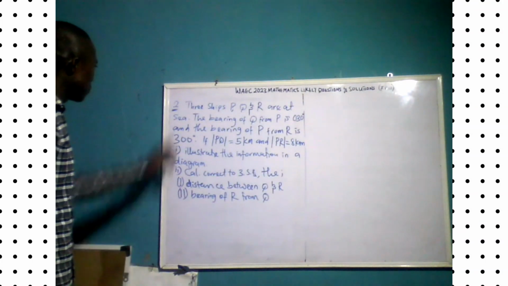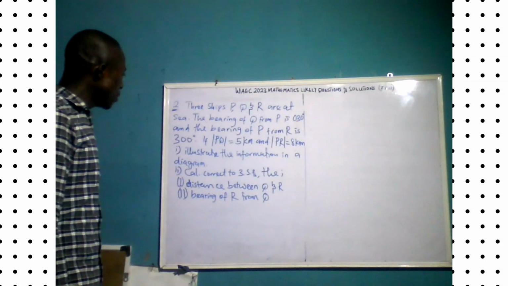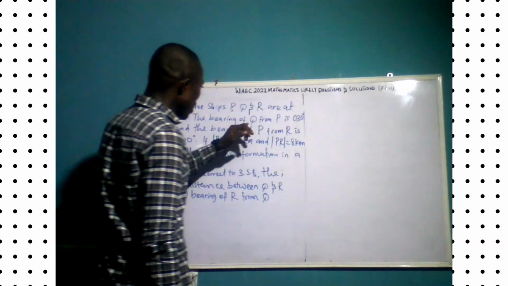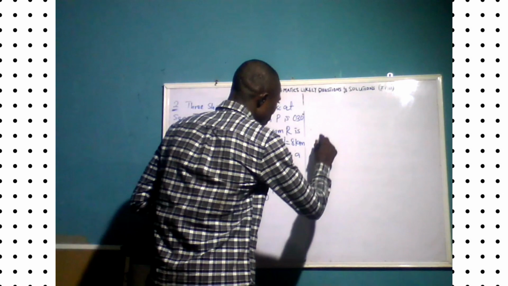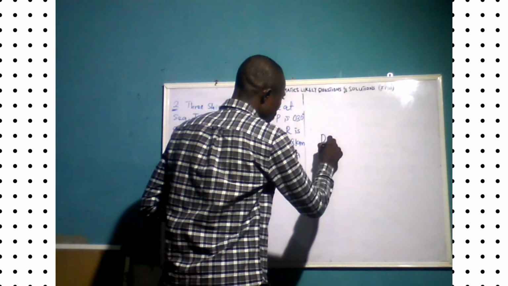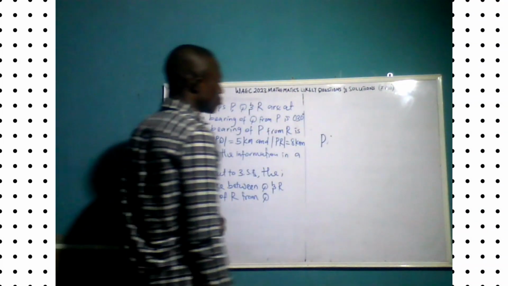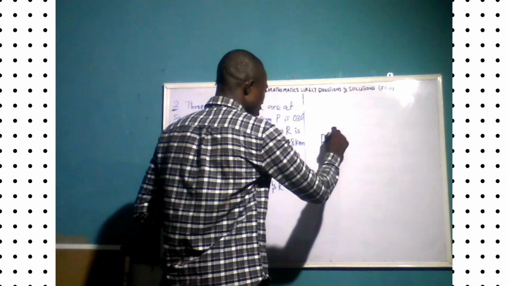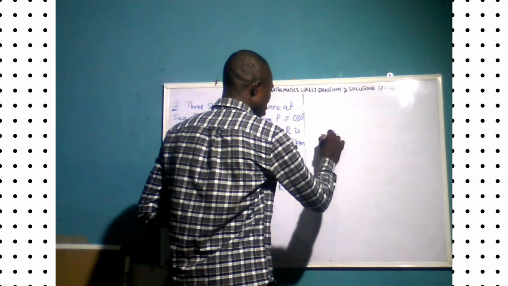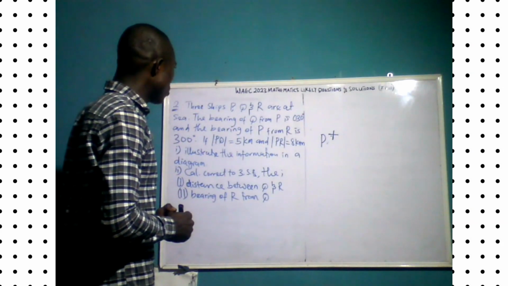Now let's interpret the question. Three ships P, Q, R at sea. The bearing of Q from P is 030 degrees. If P is here, put down the cardinal points, the normal four cardinal points.